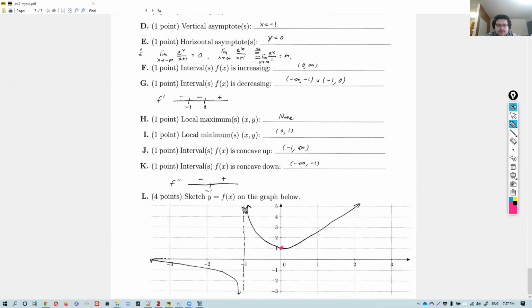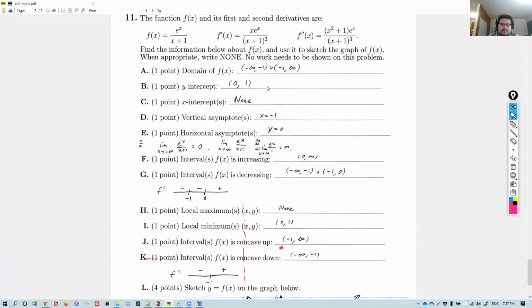We have a vertical asymptote x equals -1, and we have a horizontal asymptote y equals 0. That seems to happen only when you go to -infinity, not when you go to +infinity. And that's just information from, I'm going to scroll up, from here. That's all that really gives us.